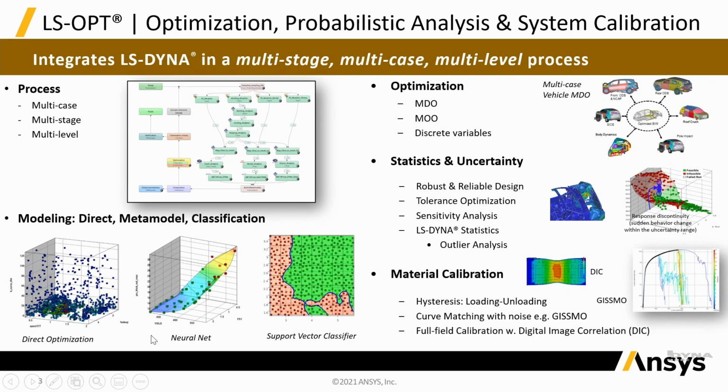In the second one, which is the metamodeling method, most of you should be familiar with, we perform a few simulations, compute the finite element results, and those are followed by approximation of the response functions using a metamodel.